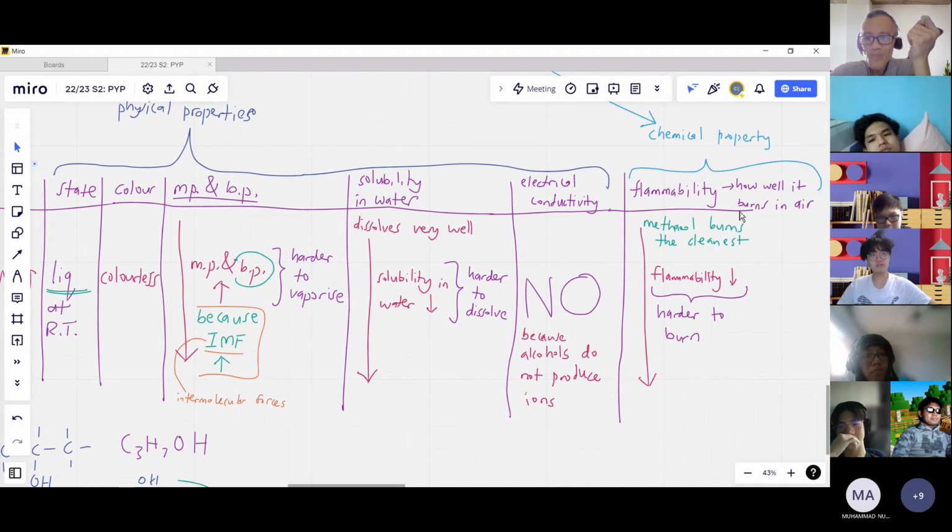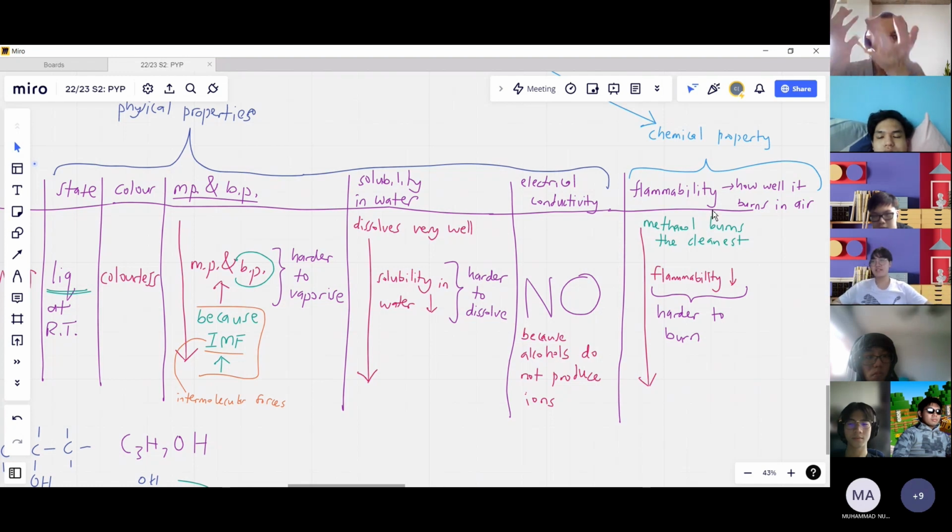How about this? Okay, guys, this is important. Flammability. Do alcohols burn? The simple answer is yes, they do. Before I go further, just be a bit careful. Flammability means how well something burns in air.